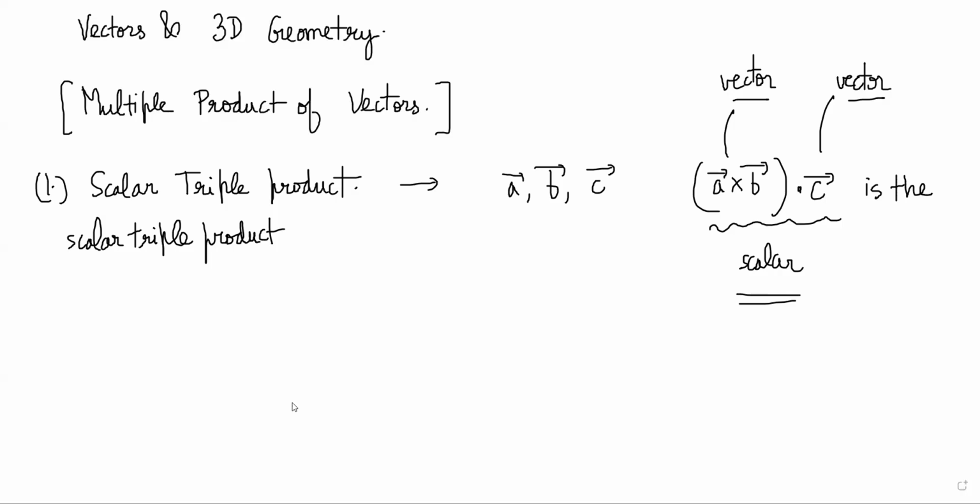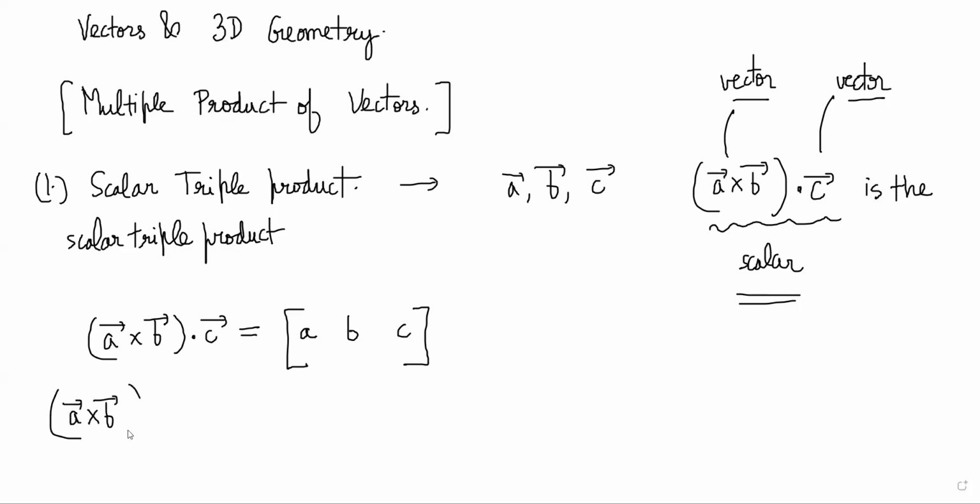Now, A cross B dot C is sometimes denoted by the symbol square bracket ABC. And that is just a symbol for the scalar triple product, or box ABC, right? You should know that A cross B dot C will be zero if and only if there are two cases.